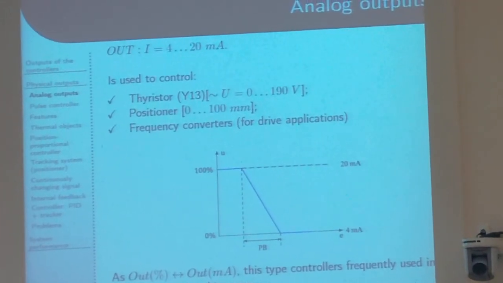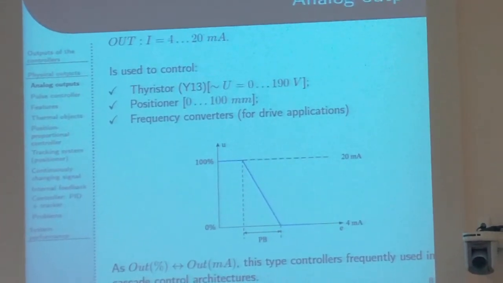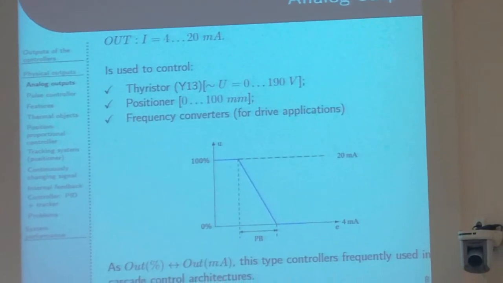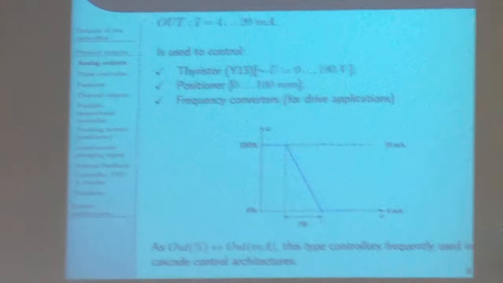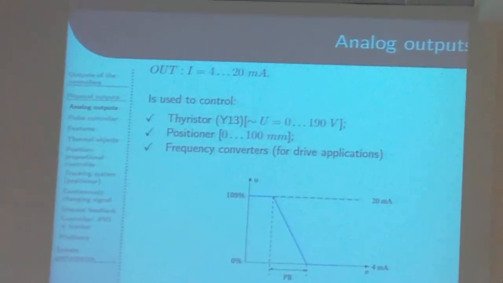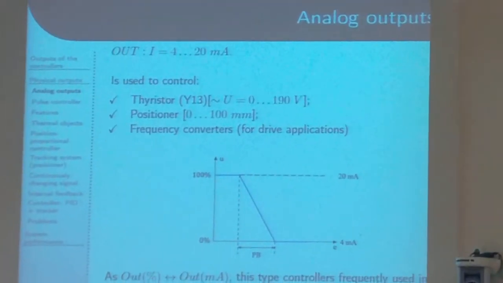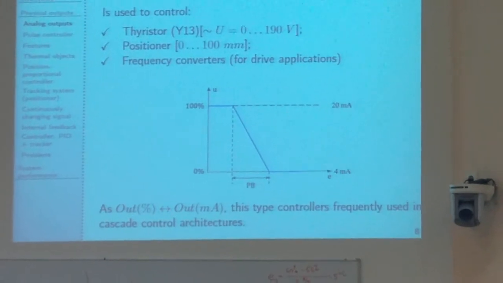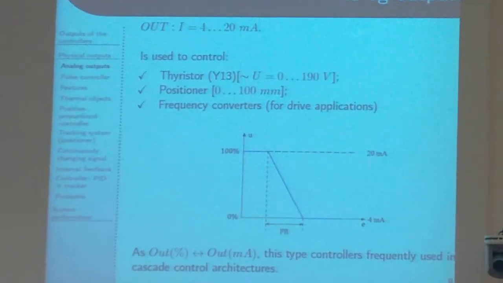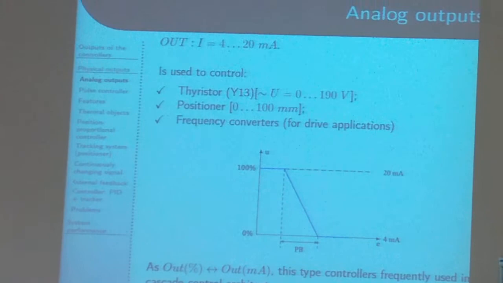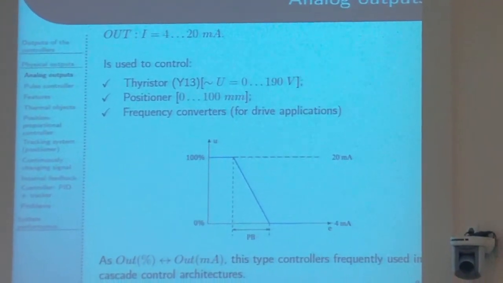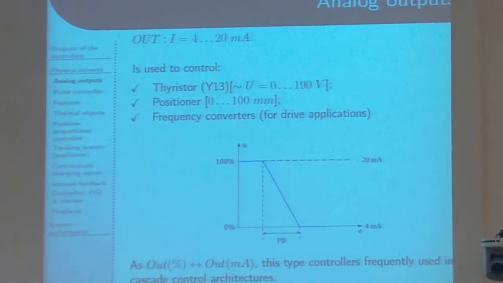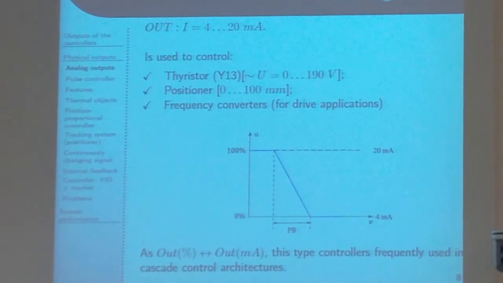Basically, we just talked about the different types of controllers and how we can mix them. Right now, one of the controller outputs used in our laboratory is the PID controller with analog output. As you remember, I talked about the different signals used in industry.